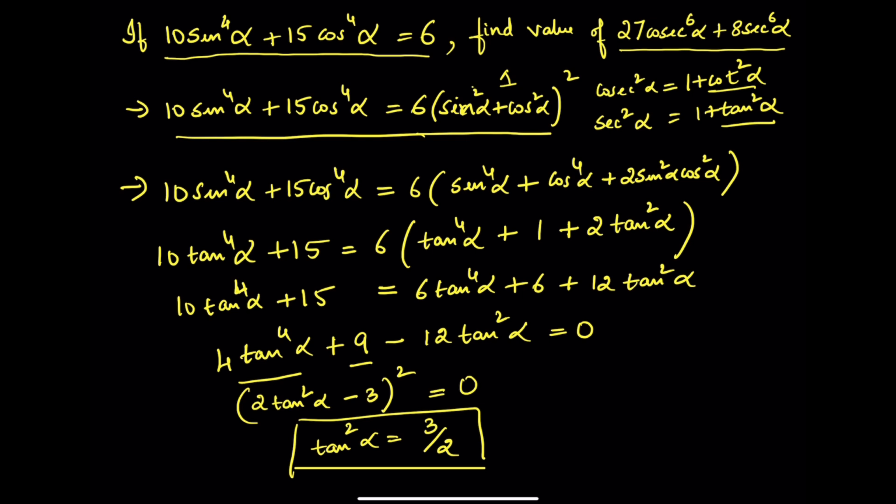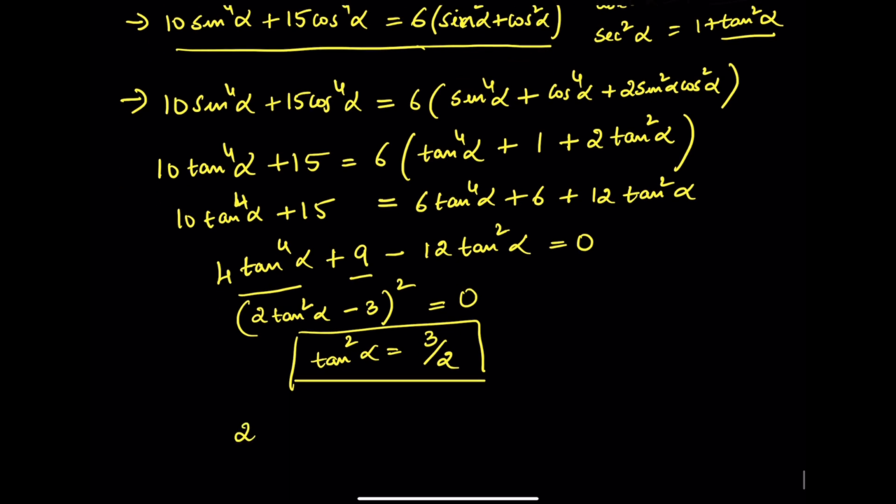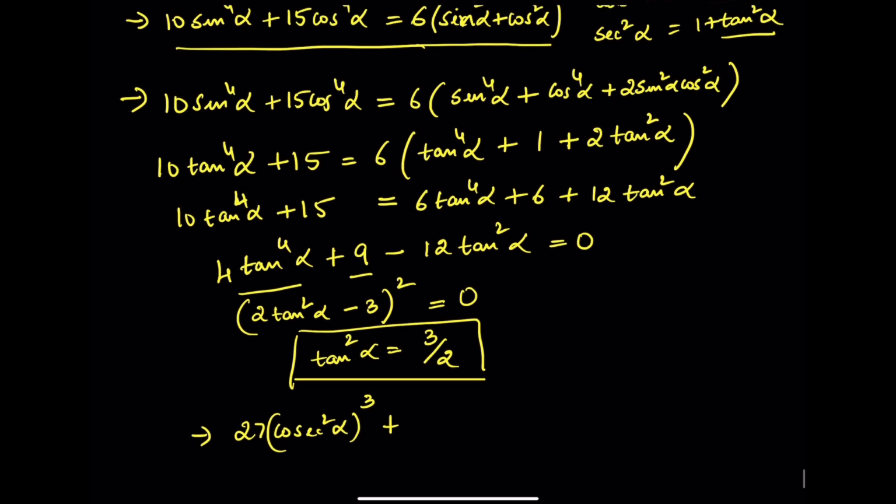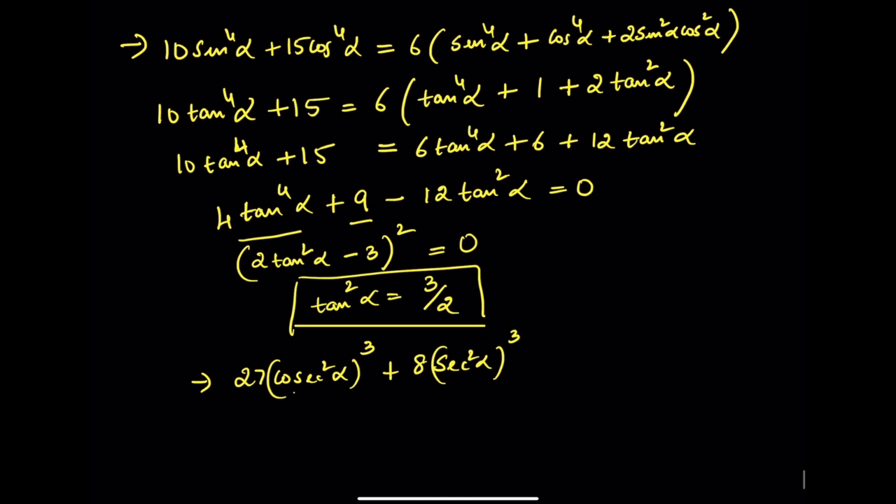So we are replacing cosecant to the power of 6 alpha with 27 (cosecant square alpha) cube plus, we are changing secant to the power of 6 alpha with 8 times (secant square alpha) whole cube.